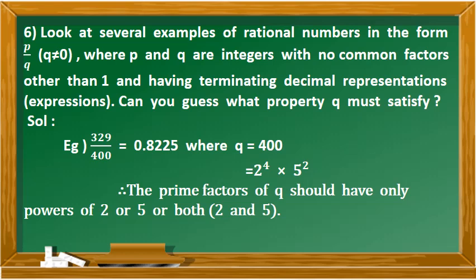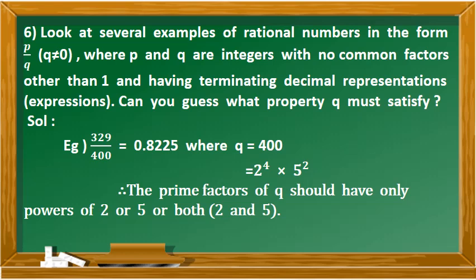Now I have given you an example, 329 by 400, where it is in the form of P by Q. P is 329 and Q is 400. Now you can see this P by Q has no common factors other than 1, and the solution you get is 0.8225, which is a terminating decimal representation as they have told in the question.